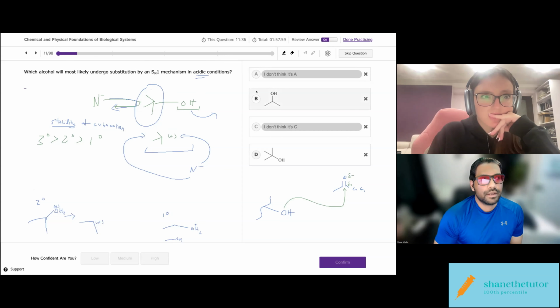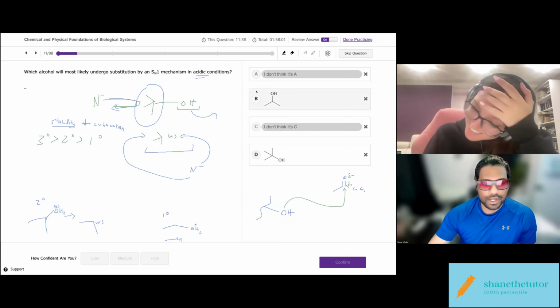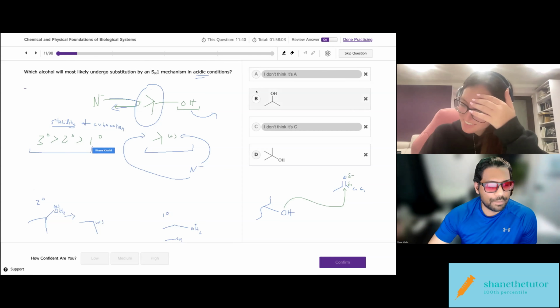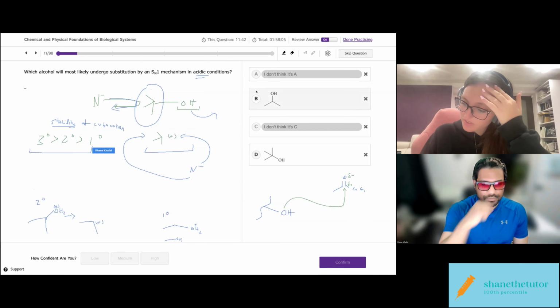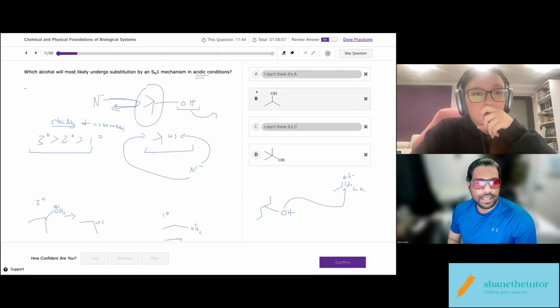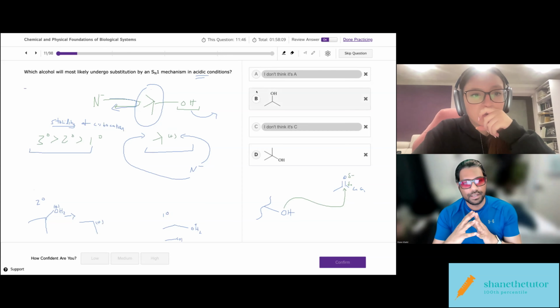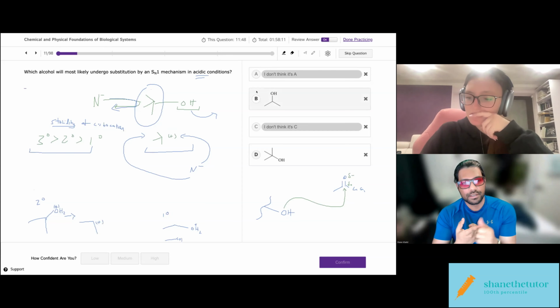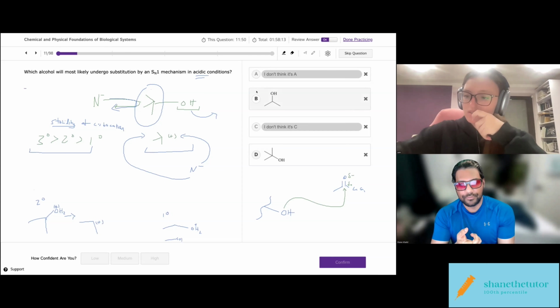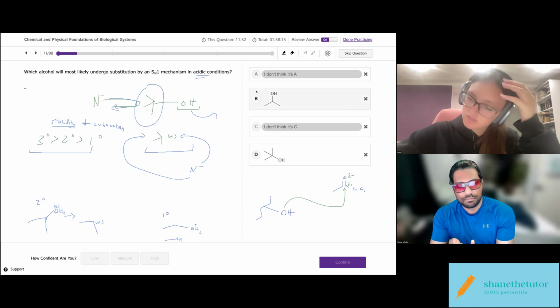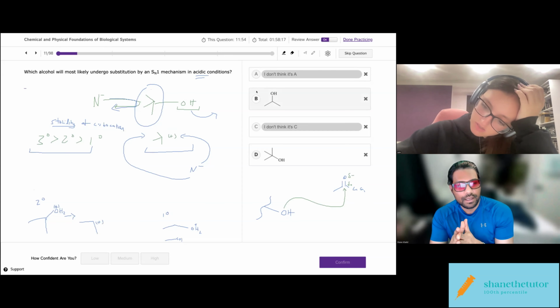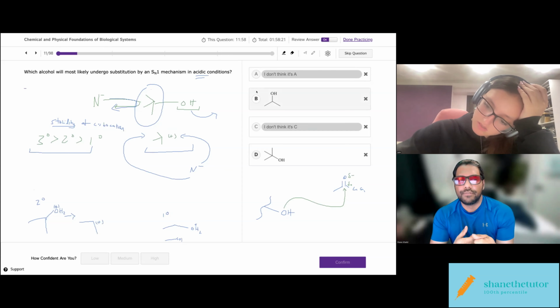So when it comes to the type of electrophiles, it will be like this. SN2 would be best for primary, and then secondary. SN1 would be best for tertiary, followed by secondary.